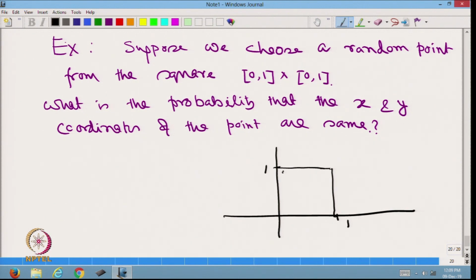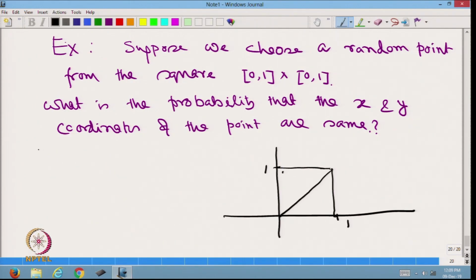So, for example, if I choose this point, obviously the x value is very small, y value is very high, and they are not same. It is very clear that the x and y coordinates will be same if the point is lying on the line, this diagonal of the square.